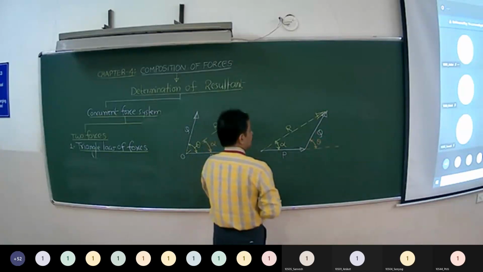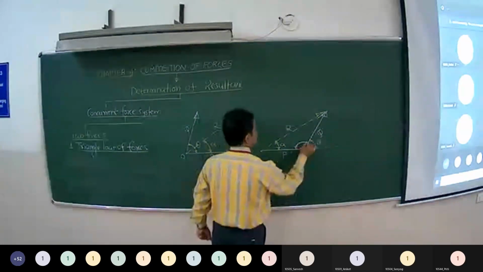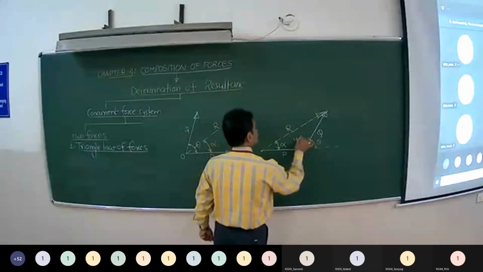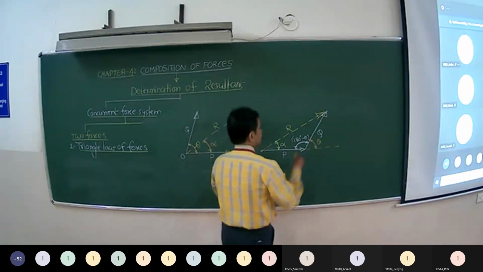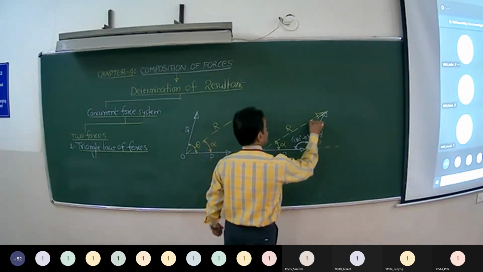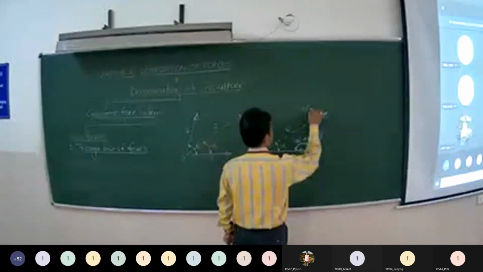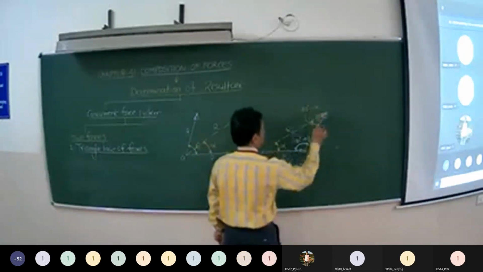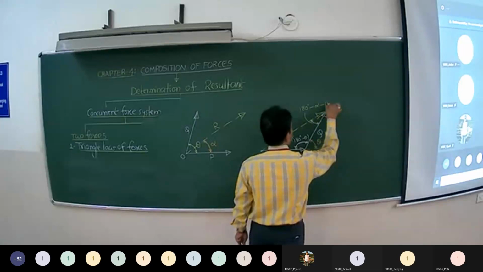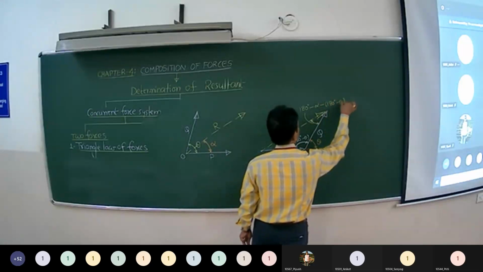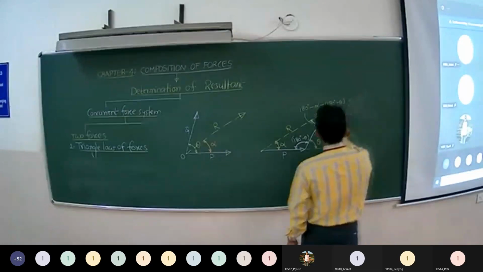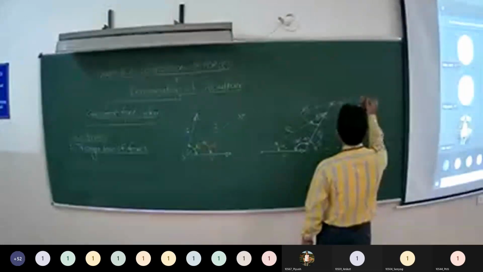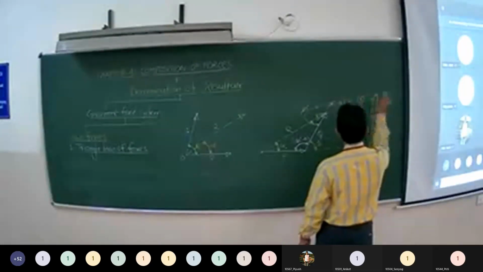So this internal angle is 180 minus theta. Then you have this third angle: 180 minus alpha minus (180 minus theta). The 180 gets cancelled, giving theta minus alpha.